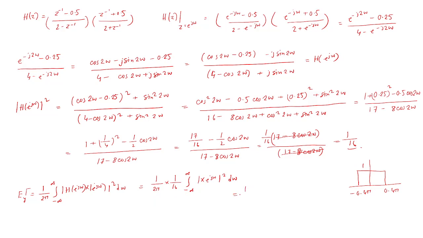So this is nothing but 1 over 2 pi times 1 over 16. Your integral spans from minus 0.4 pi to 0.4 pi d omega. You obtain 1 over 2 pi into 1 over 16 into 0.8 pi.